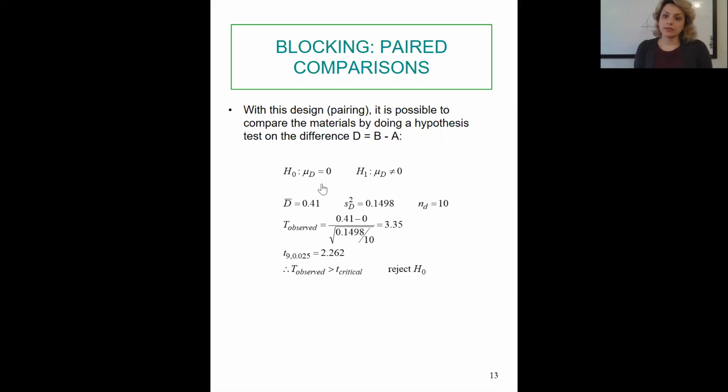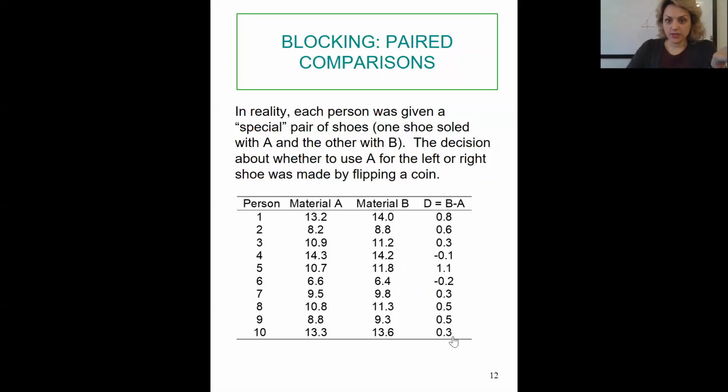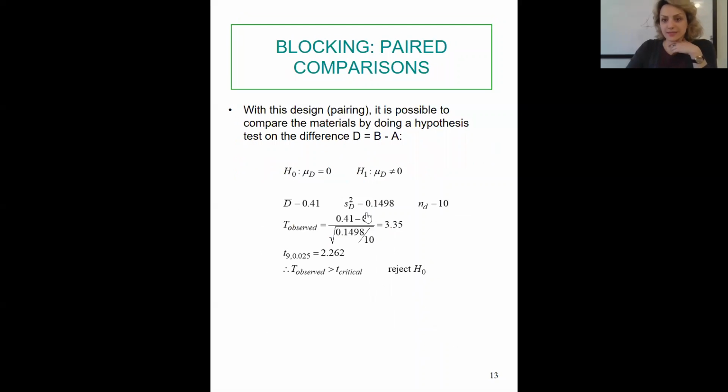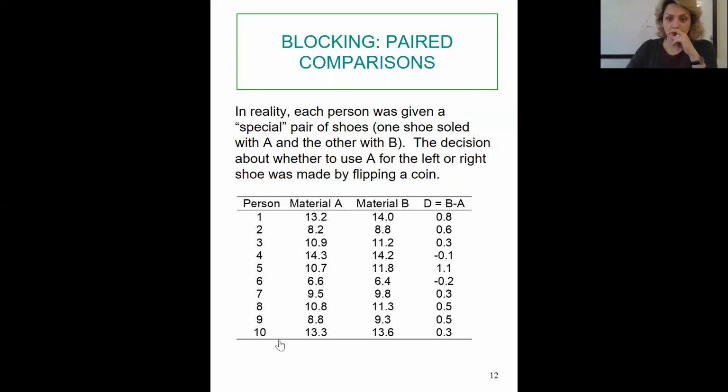For the null hypothesis, the mu of the difference is equal to 0 for each person. For the alternative hypothesis, the mu of the difference, which is B minus A for each of these people, is not equal to 0. Then we find the average of D, the average of all of these numbers, and the variance and standard deviation. There are 10 people, so the number of data points that we have is 10.